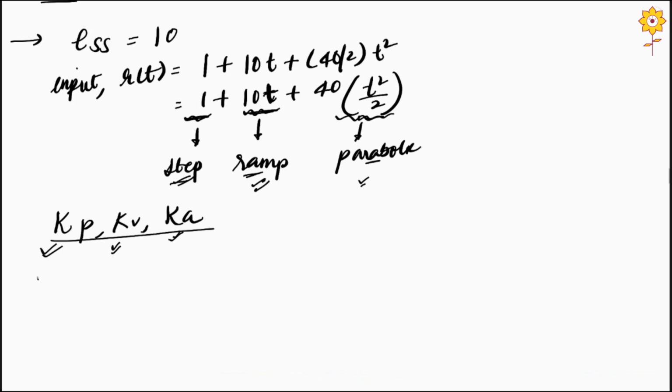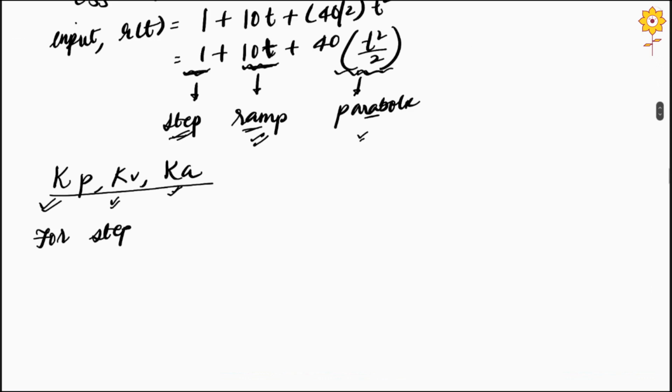So, let us start with step input. Now, what is the magnitude of the step input? It is 1, correct. So, the magnitude, which can be indicated by A or say A1, is 1.